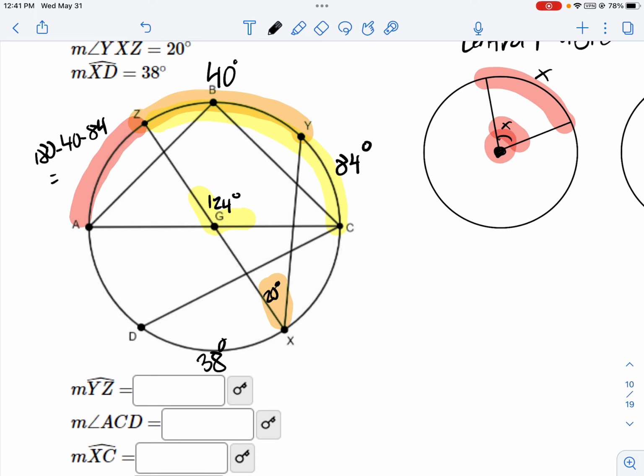So we have 180 minus 40 minus 84, and we end up with 56 degrees is that arc. Okay, if we wanted to find the central angle to that arc, we know the measure of the arc is the same as the central angle, so that's also 56 degrees. Okay, so that's just finding all the information so far, right?